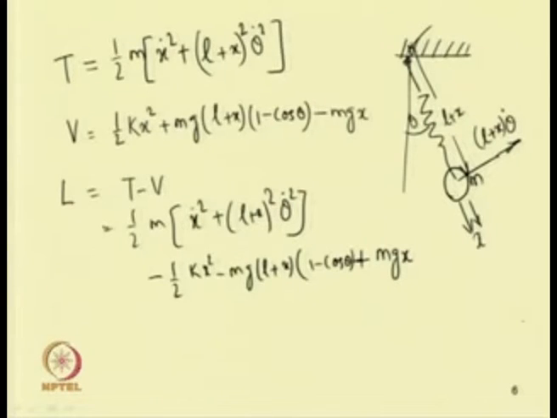After getting the Lagrangian of the system, as we have two generalized coordinates, we can take q 1 equal to x and q 2 equal to theta. If you take these two generalized coordinates, then the equation of motion can be written in this form: d by dt of del L by del q k dot, minus del L by del q k, equal to capital Q k.